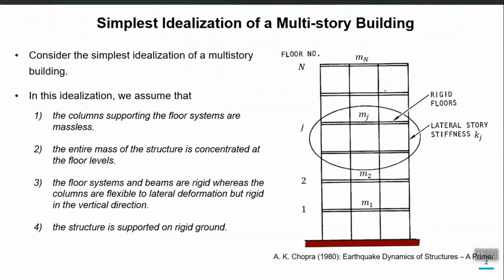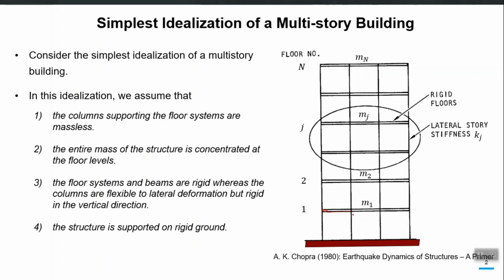So, for the purpose of demonstration, let us assume a very simple idealization of a multi-story building, where the mass is only located at floor level. M1, M2, M3 up to Mn are the story masses, and the sum of all the supporting columns at different levels.